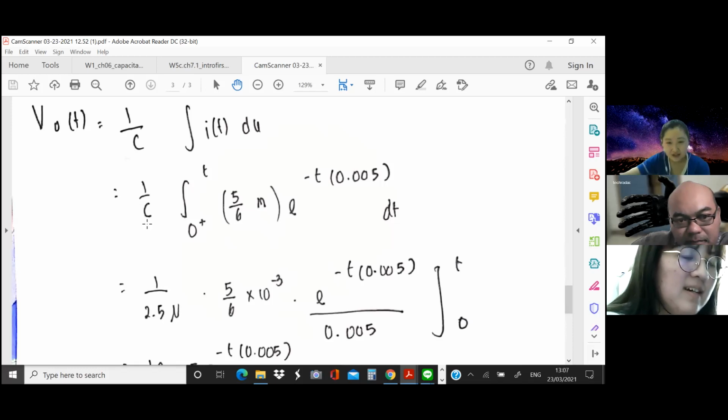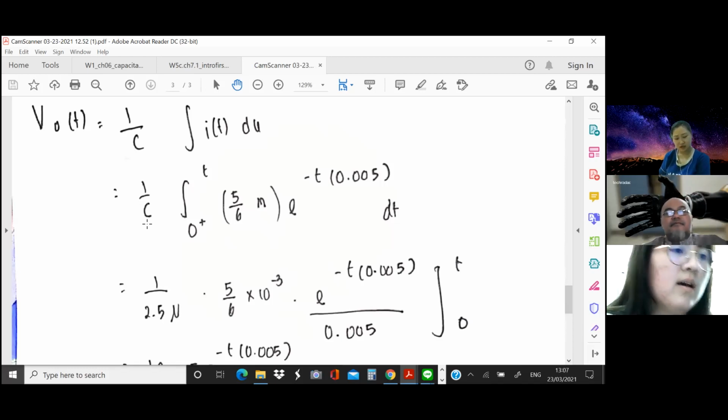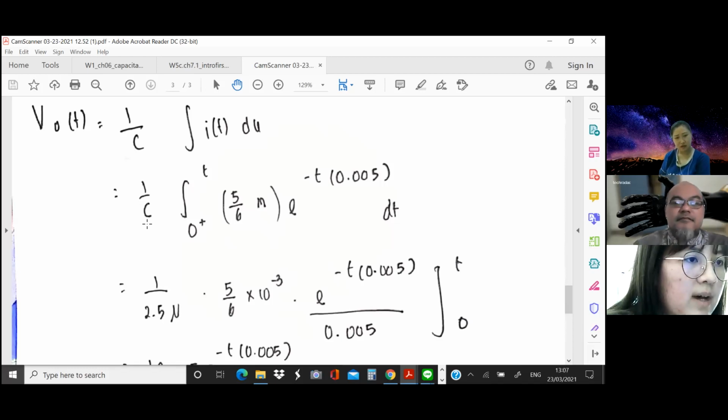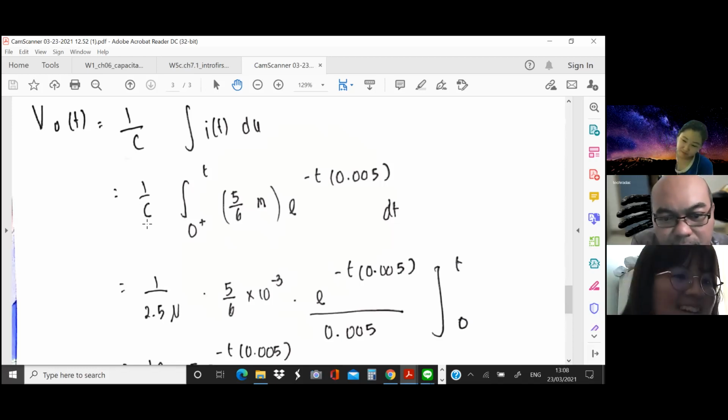And then for the Vo(t), we can use, as you can see, 1 over C integral of I(t) dt. Oh yes, dt.